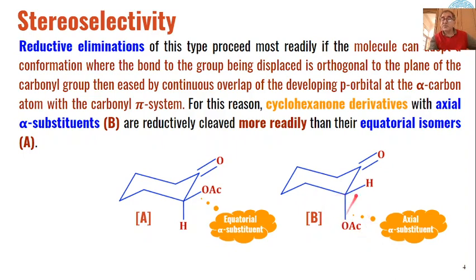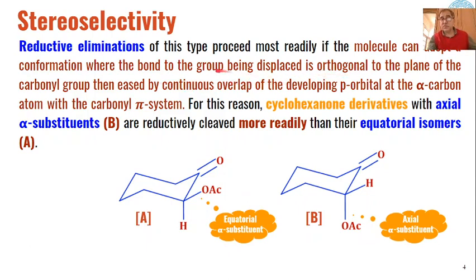Because of that, this conformational isomer of cyclohexanone alpha acetate will be reduced more readily in comparison to this conformation where the acetate group is equatorial in nature.